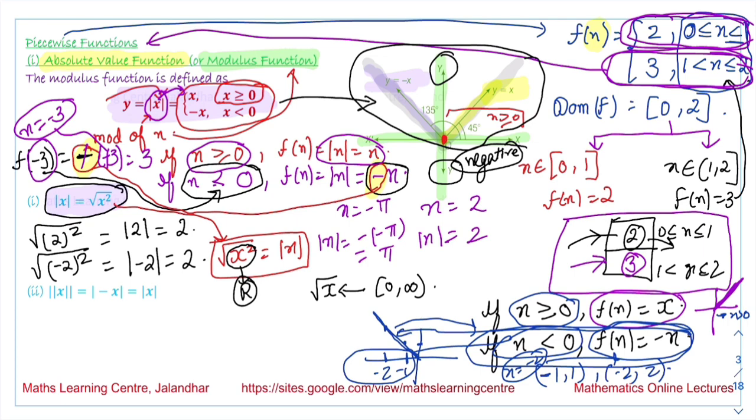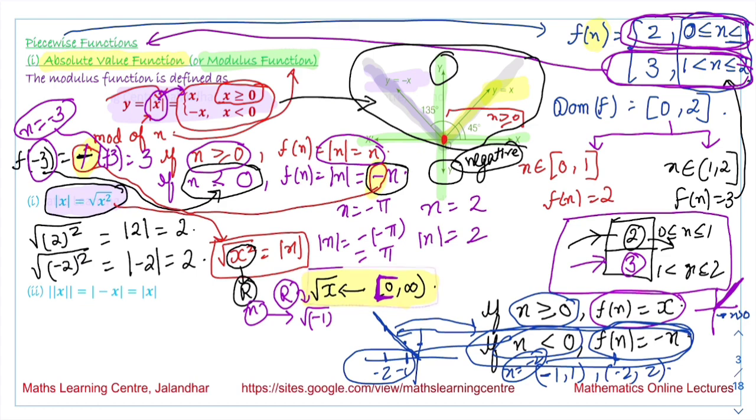When we are talking about the function square root of x, the domain of this function is the closed interval 0 to infinity. It cannot take negative values, because right now we are talking only about real valued functions. If we take the square root of minus 1, since the range or codomain is R, x cannot have the value minus 1.